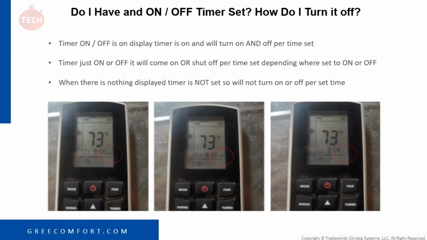If it says on/off, that means there's an on and off timer set. So all you have to do is hit the timer button, and it'll go through on, off, on/off, or blank. If it's blank, that means no timer is set. So if your unit is turning off for what you think is no reason, that would be because you have an off timer set. So keep that in mind.